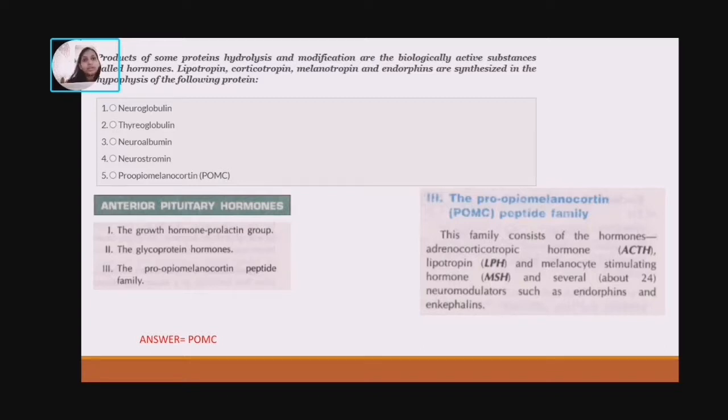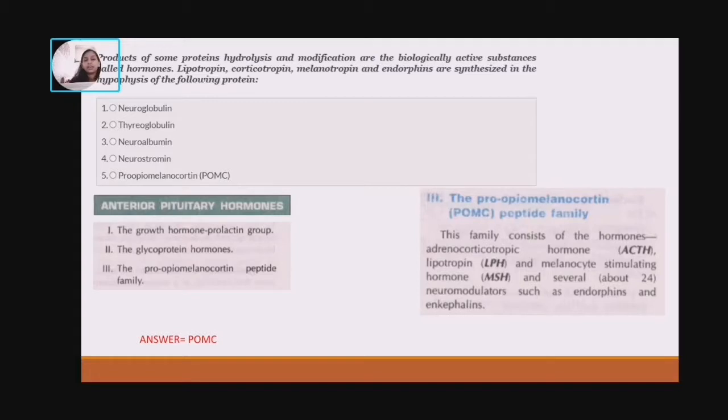But what about anterior pituitary hormones? Anterior pituitary hormones can be divided into 3 groups: the growth hormone prolactin group, the glycoprotein hormones and the pro-opiomelanocortin peptide family. This last family, the POMC peptide family, consists of many hormones like ACTH, lipotrophin, melanocyte stimulating hormone and several neuromodulators like endorphins and enkephalins, which modify the pain, the pain modulators.